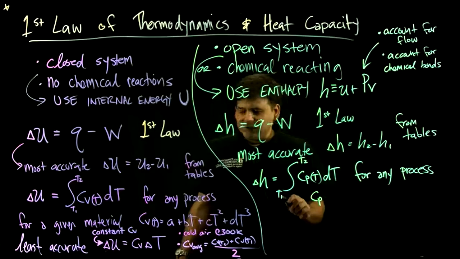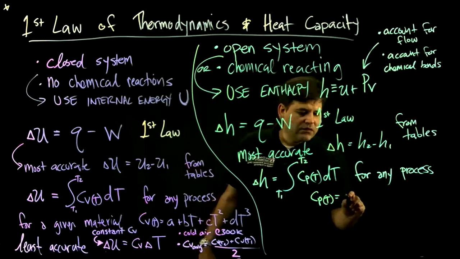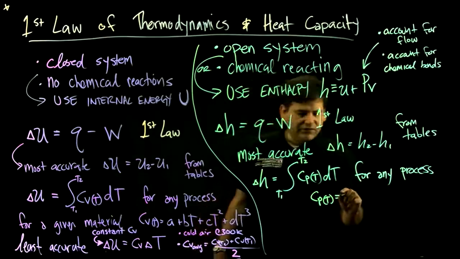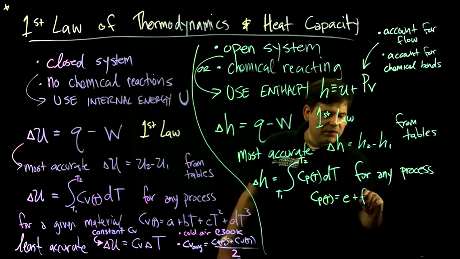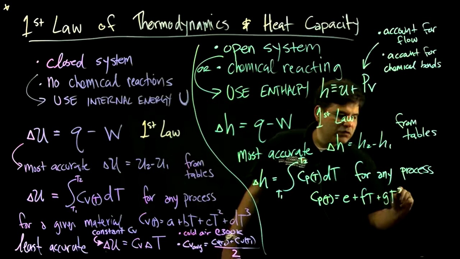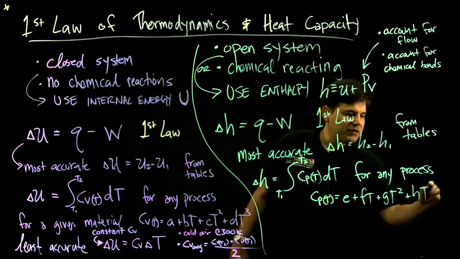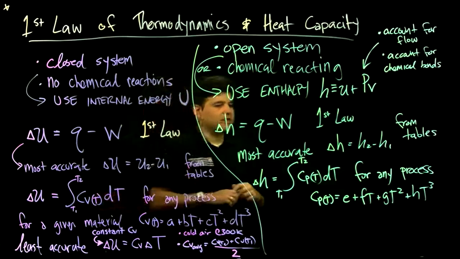So for a given material, Cp as a function of T equals, let's say, E plus Ft plus Gt squared plus Ht, for example, for a given material.